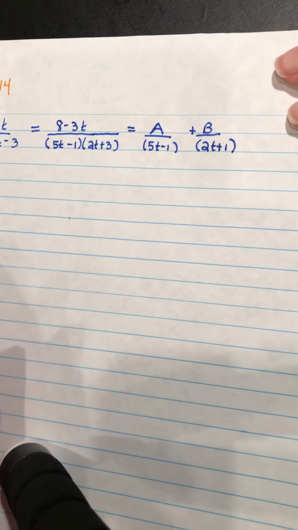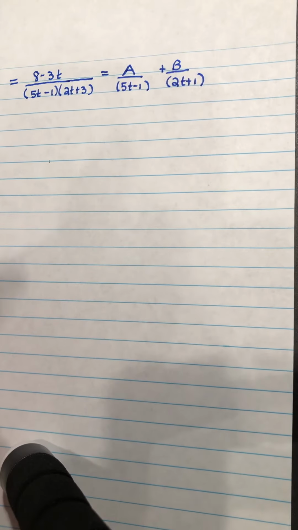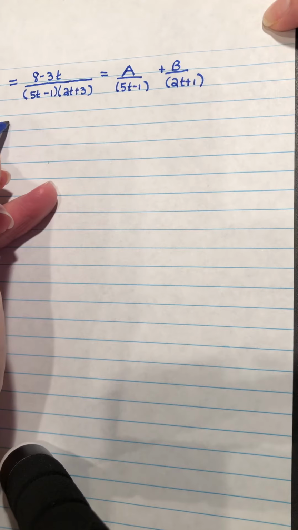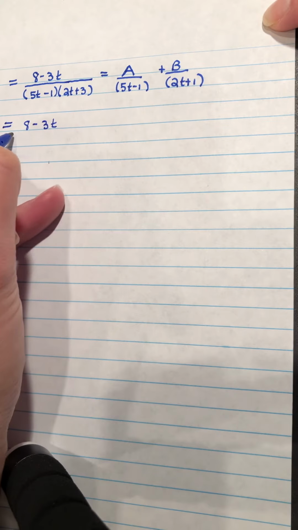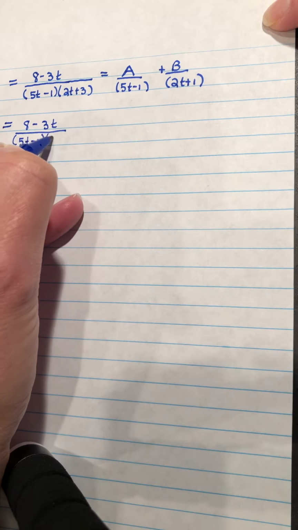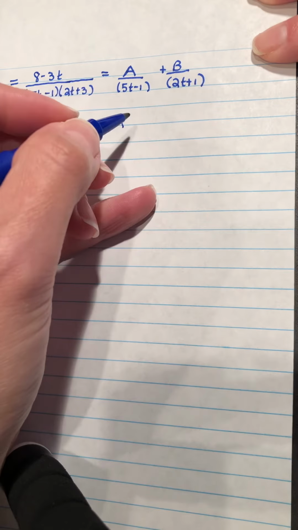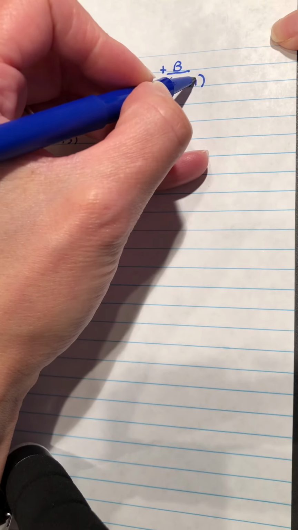Okay, now we're going to proceed in a similar fashion to the other problem. The first thing we're going to do is add these two fractions. And if you're good at adding fractions, you could probably skip right to the following step. If you understand that they're both going to have a common denominator, you could probably figure out that we have a times the quantity 2t, oops, that's a 3, I'm sorry.